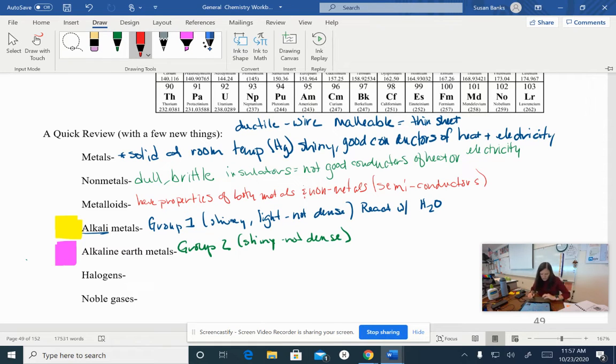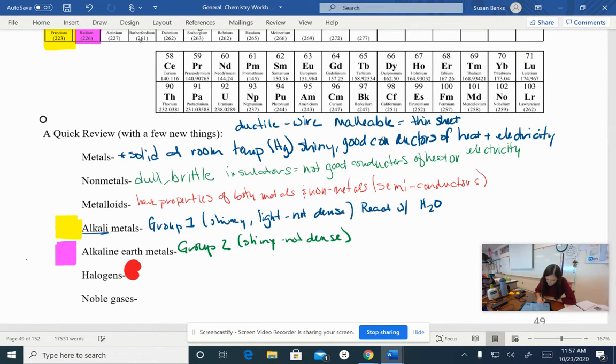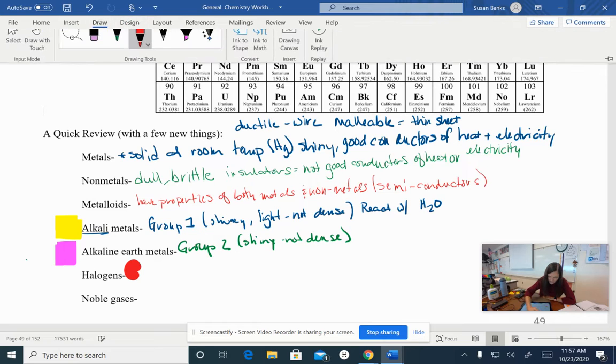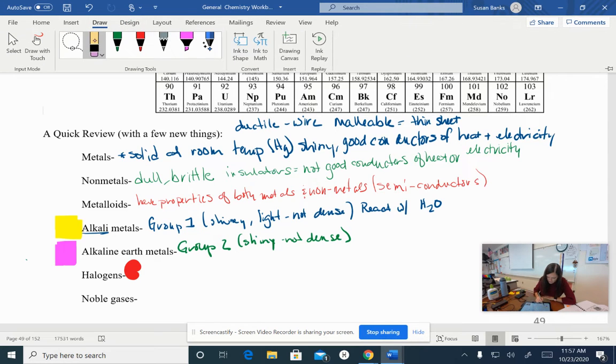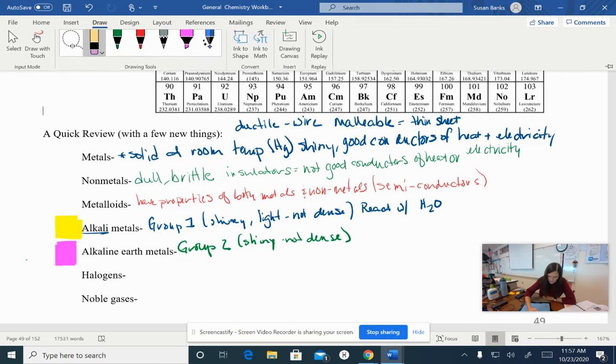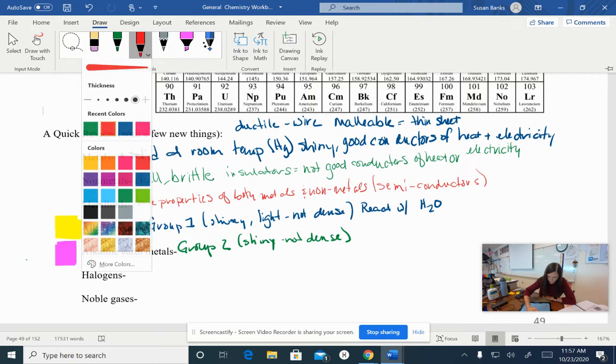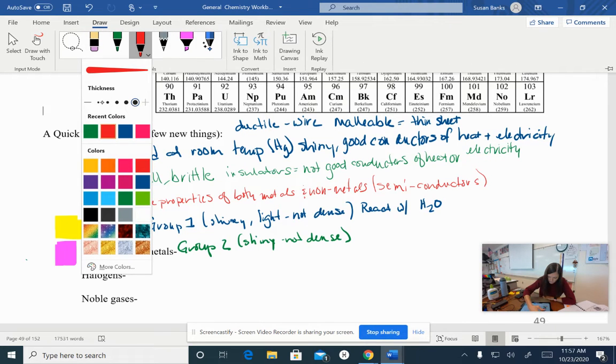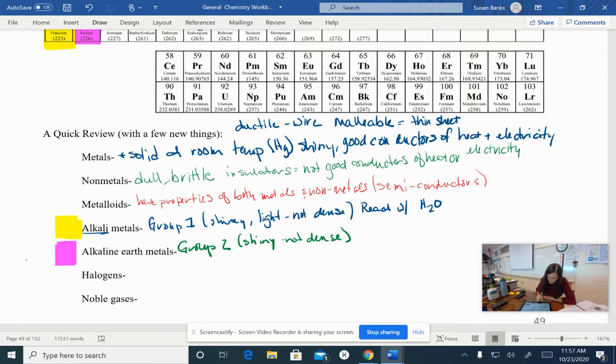So our halogens are group, oh my gosh, I don't want it that thick. Let's erase that, and let's get it to be a little bit thinner. Okay, our halogens are group 17. Okay, now you might have heard of halogen lights.